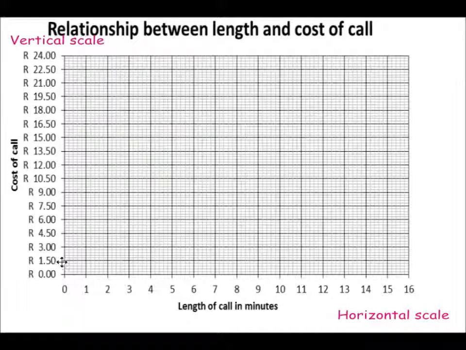So that would be 1 Rand 50, 3 Rand. The numbers have to go up by the same amount each time, and the space between the numbers has to be the same as well. I do not have to have the same scale on the vertical scale as the horizontal scale.